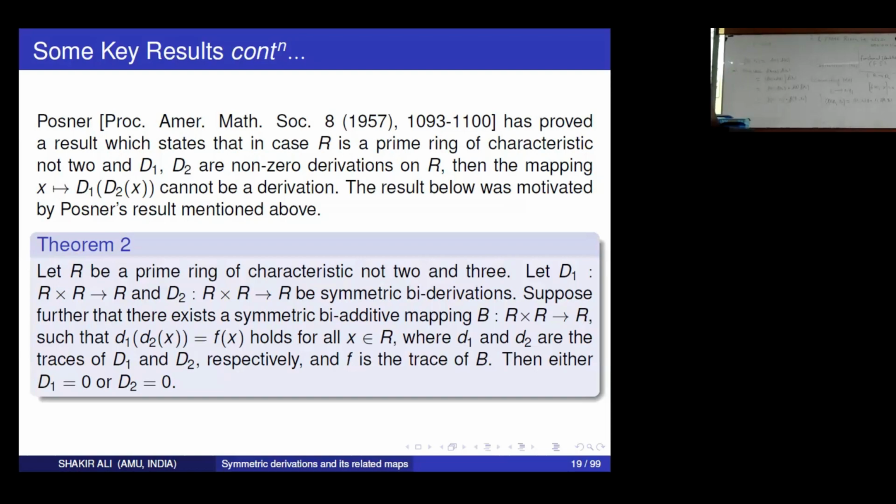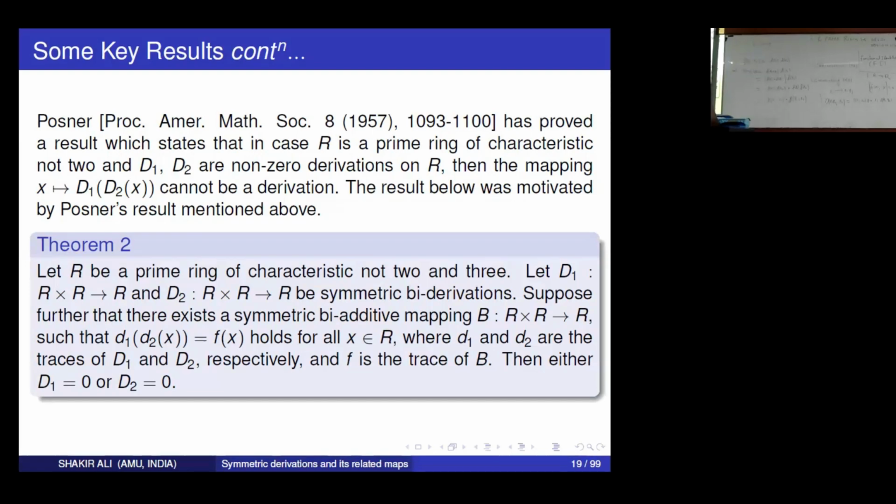If you look at this result, the target is a prime ring, then d1 and d2 are both traces of symmetric bi-derivations, with this condition there is a symmetric bi-derivation map B from R to R. D1 and d2 are traces of capital D and capital D1, and if this happens, then either d1 is 0 or d2 is 0.